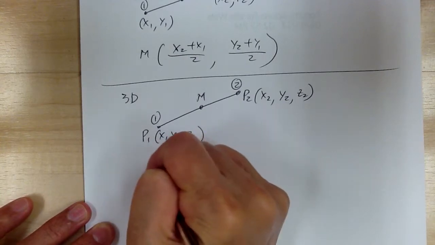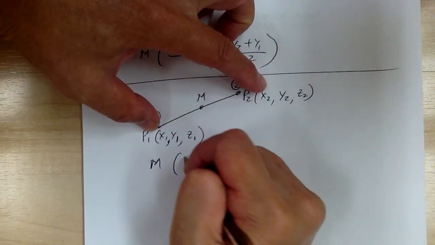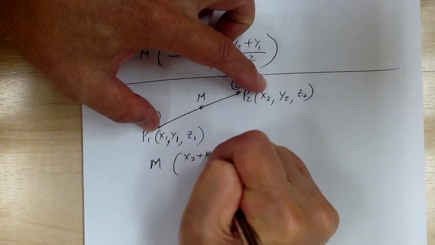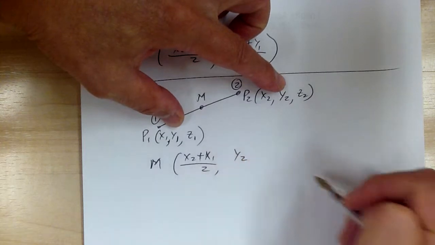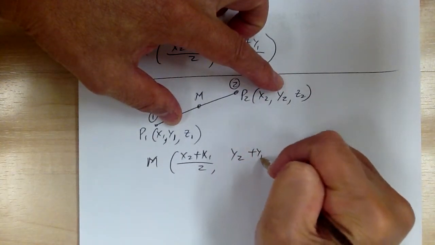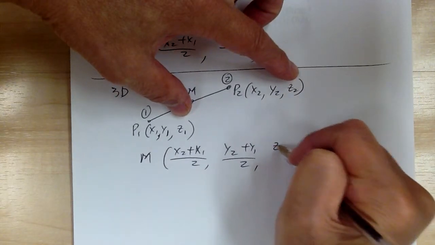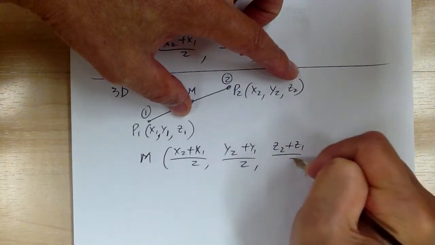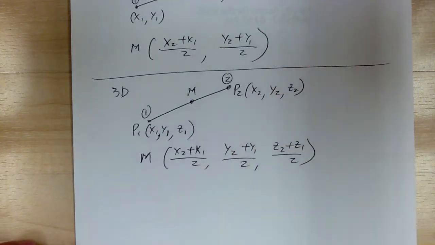So the coordinate of the midpoint would be just the average of each one. So it would be x2 plus x1 over 2 for the x. For the y, you get y2 plus y1 over 2, right? And for the z, you get z2 plus z1 over 2. Again, you can see that it's exactly the same thing. You just add one more dimension.